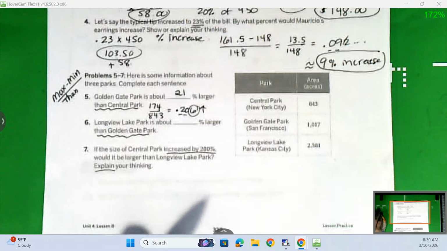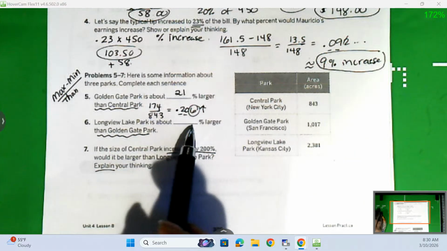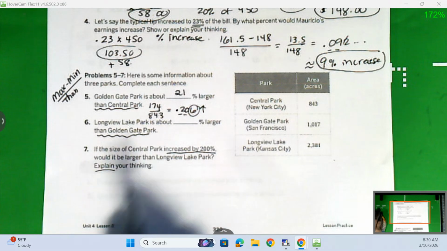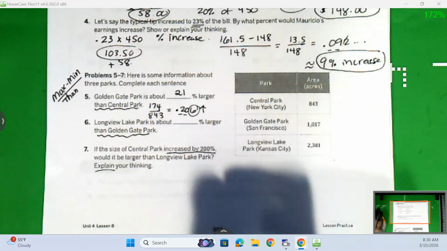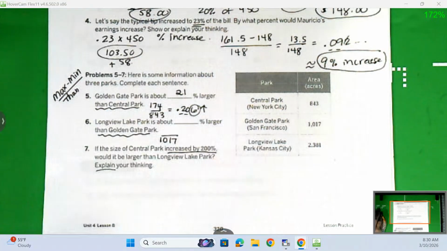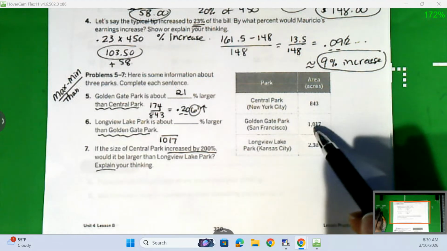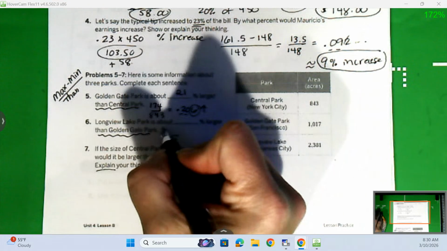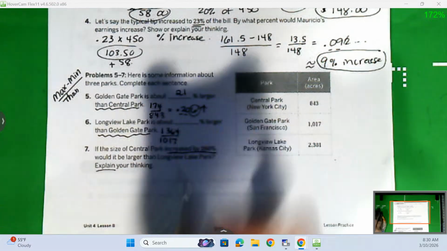Okay, looking at question number 6, we have Longview Lake is about blank percent larger than Golden Gate Park. So Golden Gate Park is our denominator. And we need to take their difference. So this time we're going to do the 2,381 minus the 1,117, which works out to be 1,364.